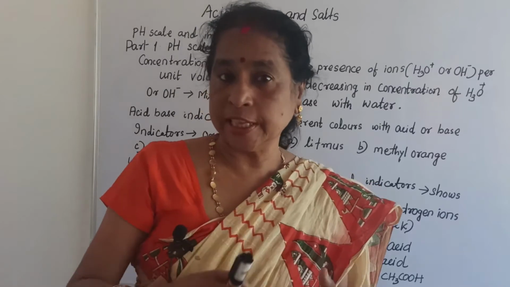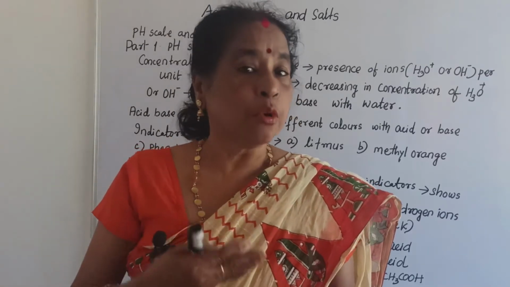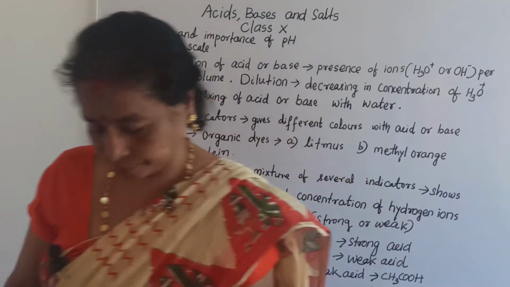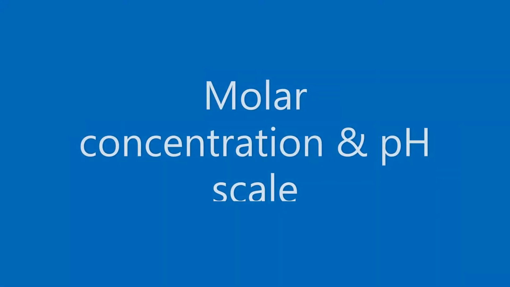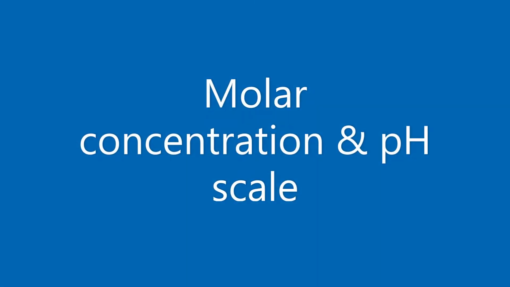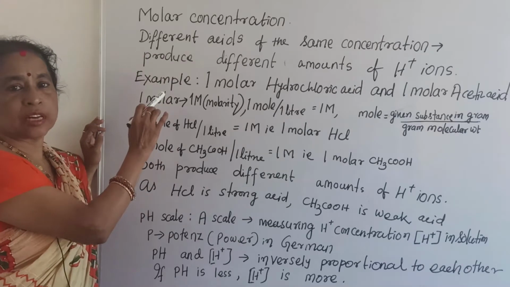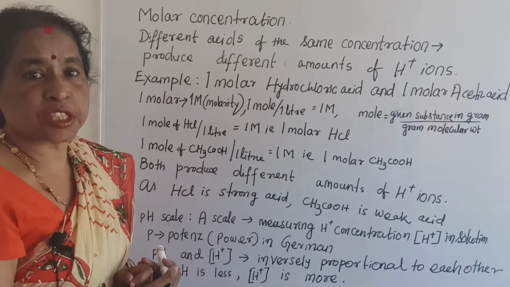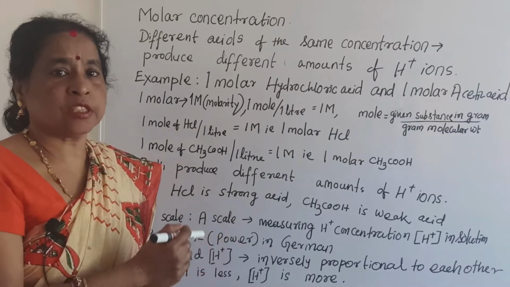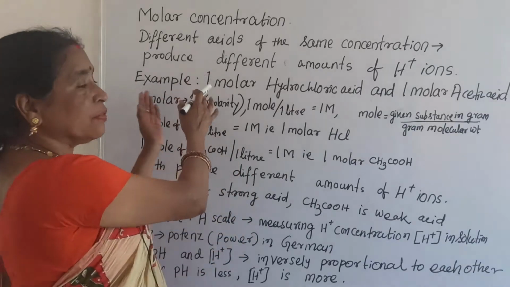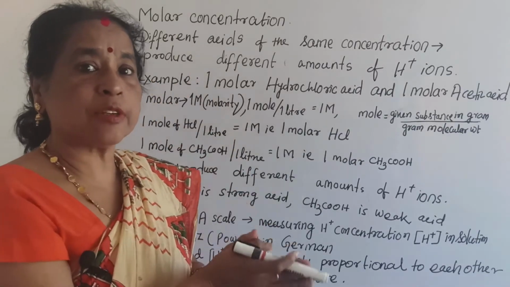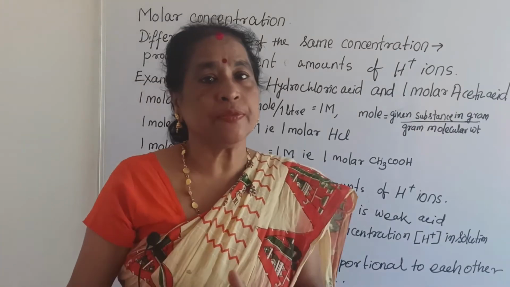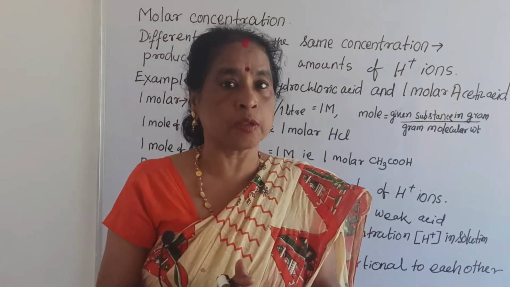And later we will see what is meant by molar solution. We will see here molar concentration. Then what is molar concentration? Before molar concentration, first you see that different acids of the same concentration give different amounts of H plus ions.